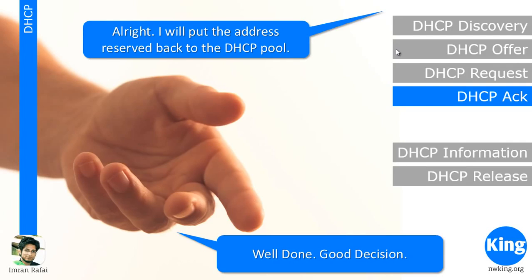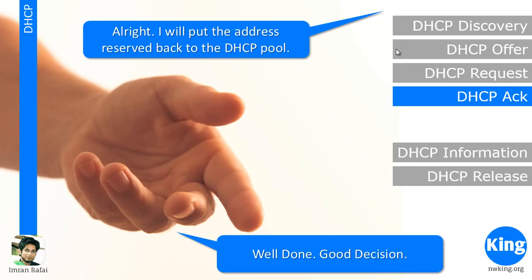Now DHCP release is the message sent by the client to the server to tell it that it wants to release the IP address that it already has. But most of the time what happens is the user just disconnects before the client can send that message to the server, right? So before the client can even send that message, either the computer is shut down or the computer is disconnected. Now that's up to the user, right?